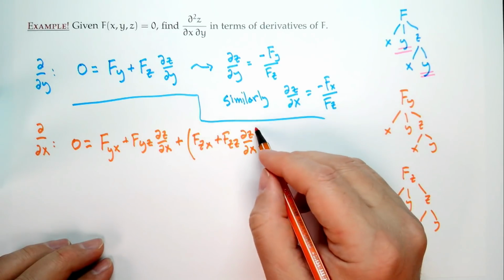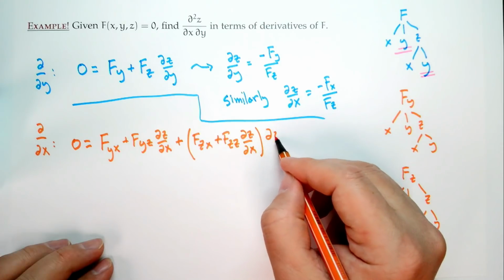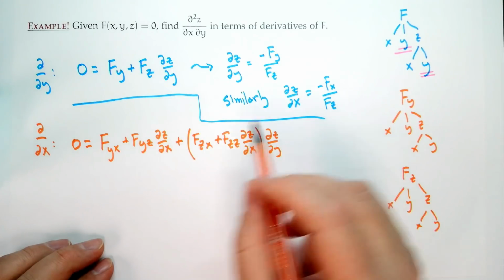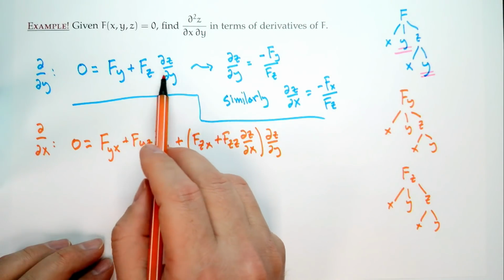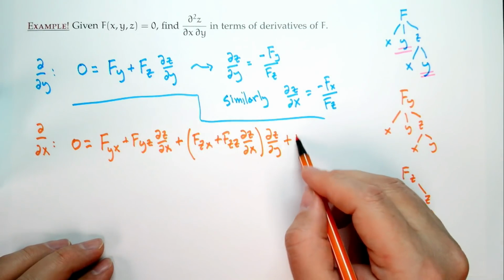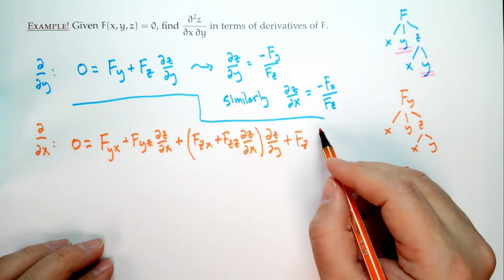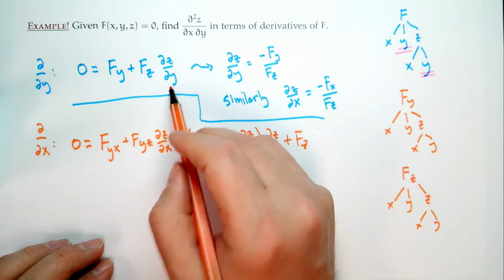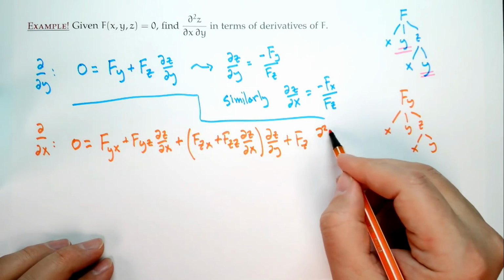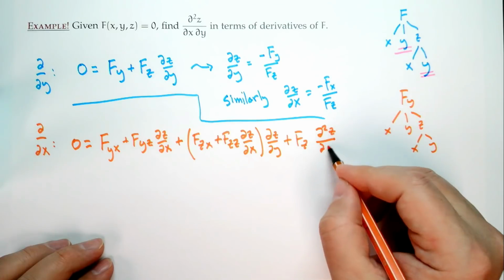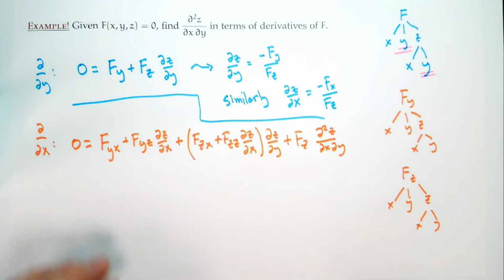And now this is all multiplied by partial z partial y. So derivative of the first times the second plus f z, and now I'm going to have the derivative of partial z partial y with respect to x, which is partial squared z partial x partial y.